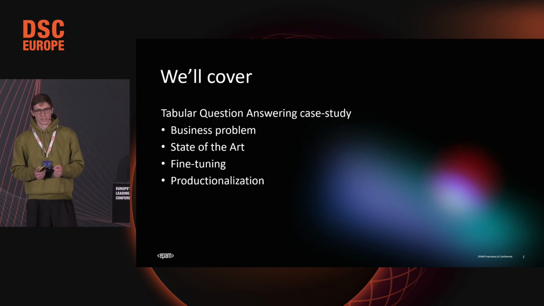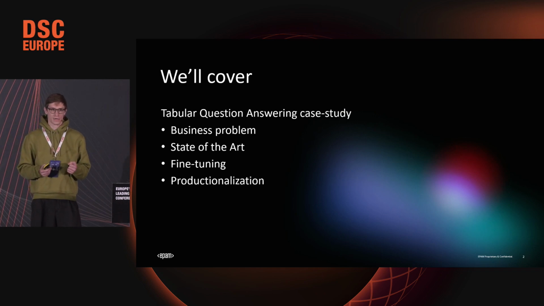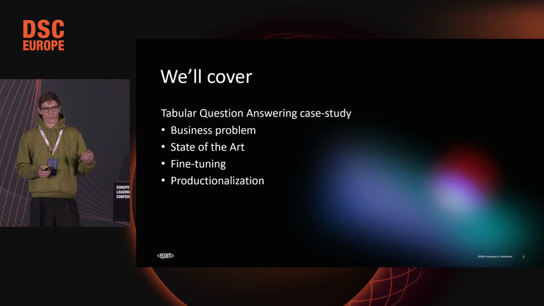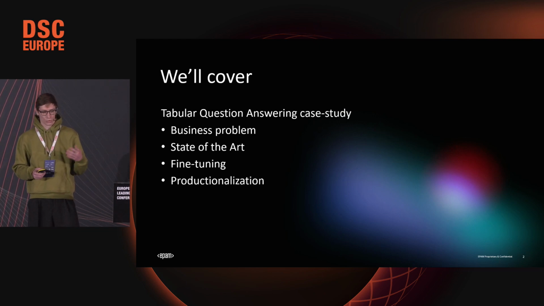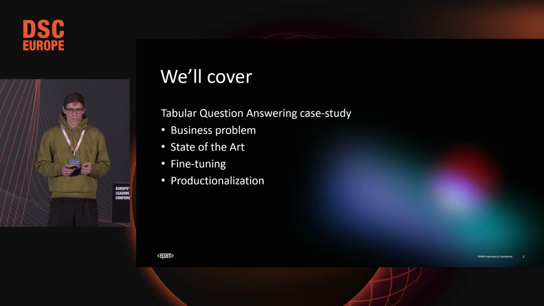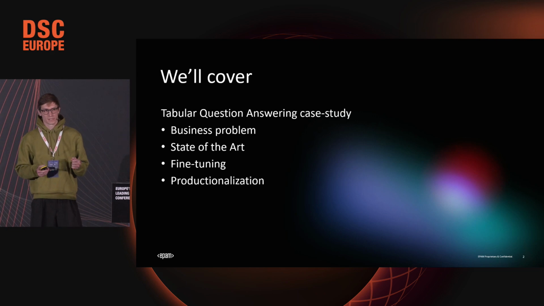We will cover some models which are state-of-the-art in this problem. And then we will go on fine-tuning one of those models. And I will talk about what kind of data we prepared for that, what kind of metrics we achieved, and how the whole process was organized.